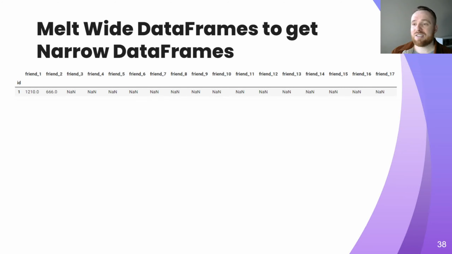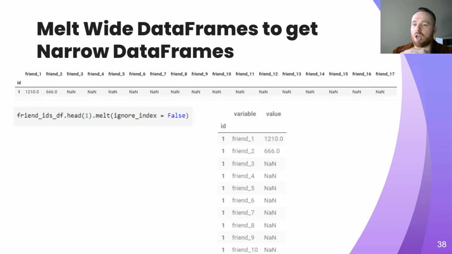One approach we can take is to melt the data frame. What melting does is take a wide data frame and convert it into a narrow data frame. Within the Pandas module, on a data frame, we can call .melt, all right? What that does is take this wide data frame and give us a long data frame. Where we had individual column names, those column names are transposed into a column called variable.